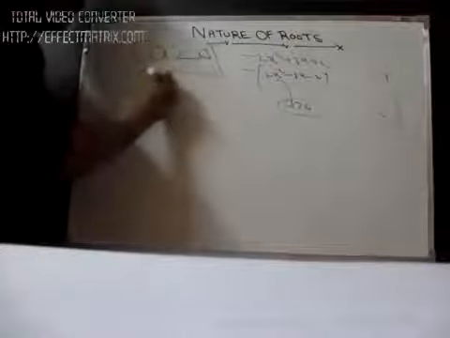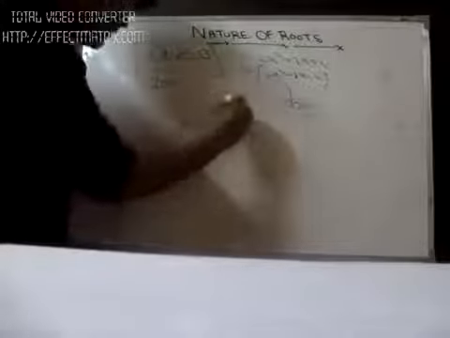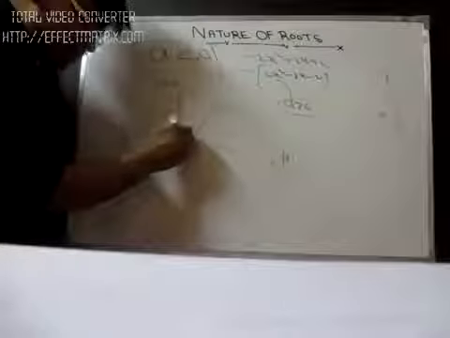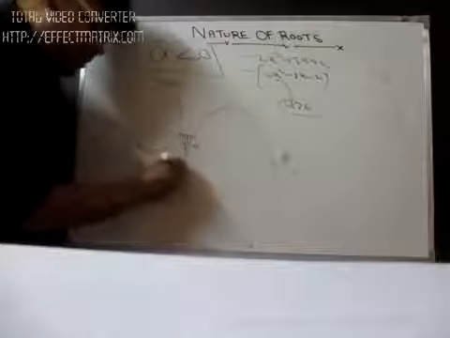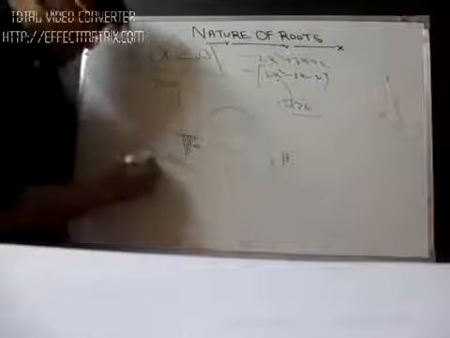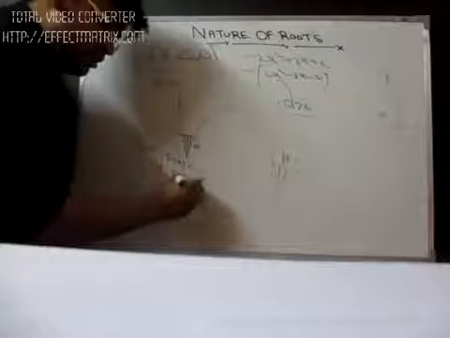Case when D is greater than 0: D is greater than 0 and a is less than 0 means opening downward. This is alpha, this is beta. Now when x is less than alpha, then f(x) will be less than 0. When x is greater than beta, then also f(x) will be less than 0.